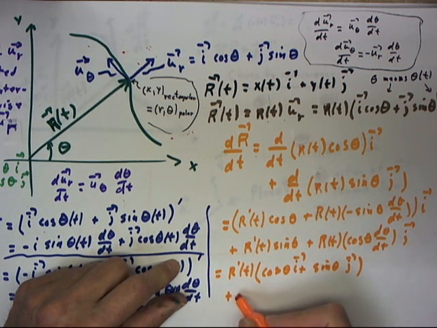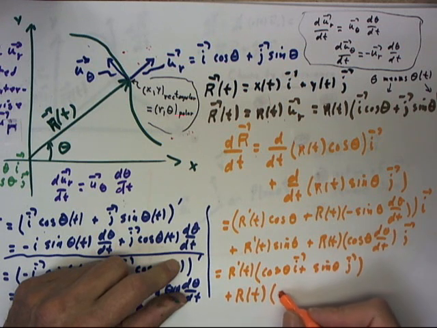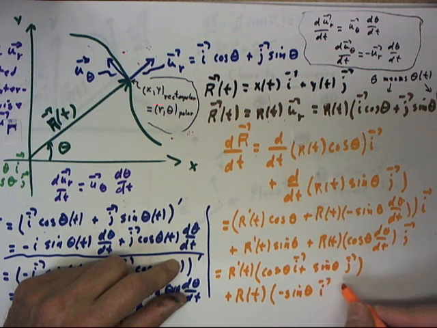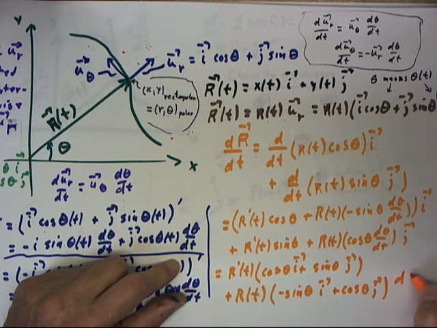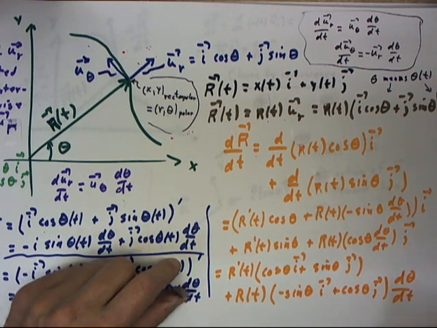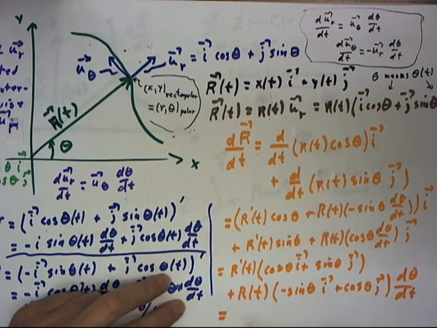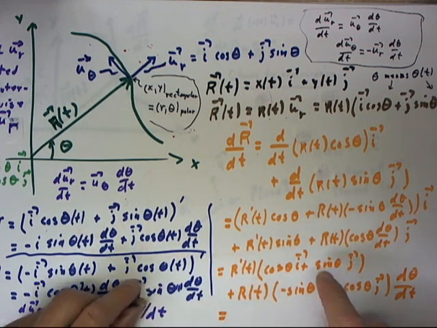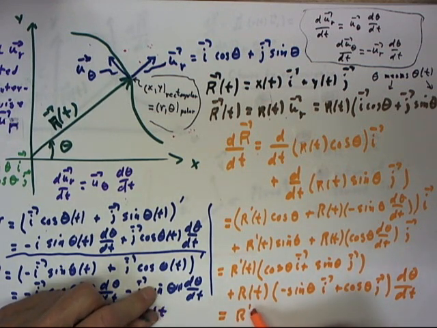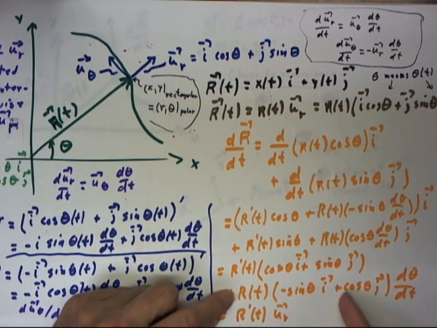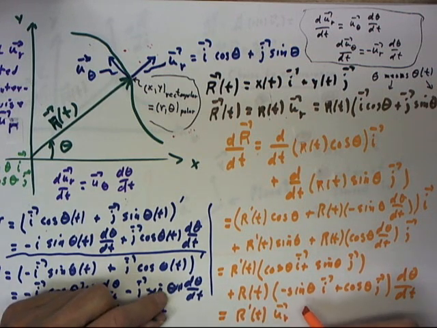And then it's plus r of t multiplied by negative sine theta i plus cosine theta j multiplied by d theta dt. And this vector is just our u sub theta vector.